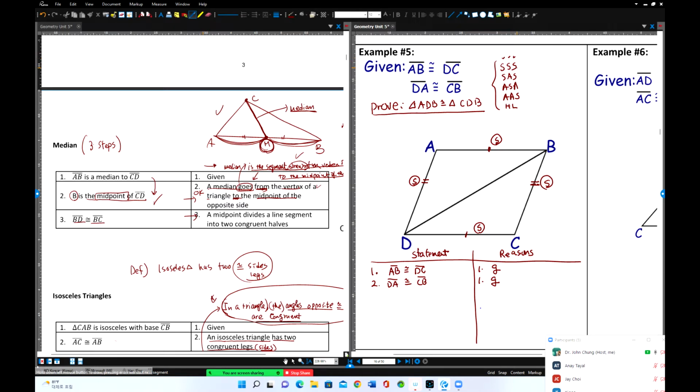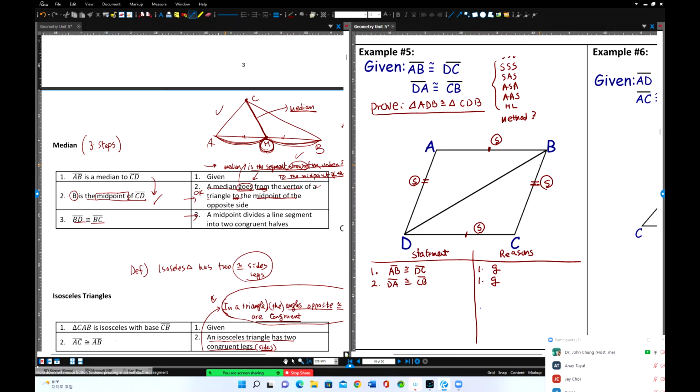After that, you have to make a plan for which way you have to go. You have to decide the method. Which method? Can anybody give me the correct method to prove triangles are congruent?